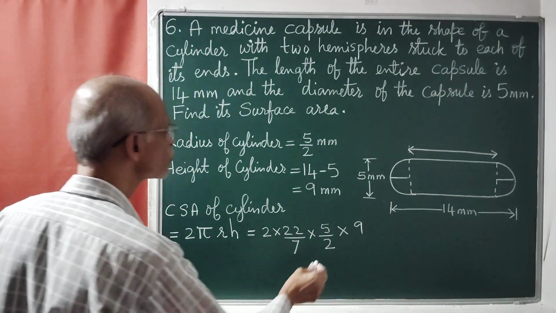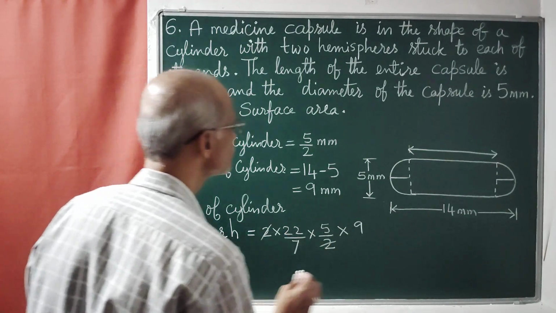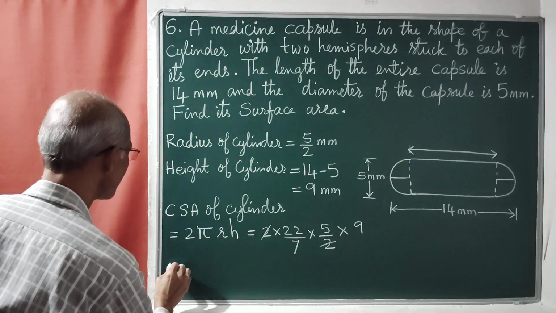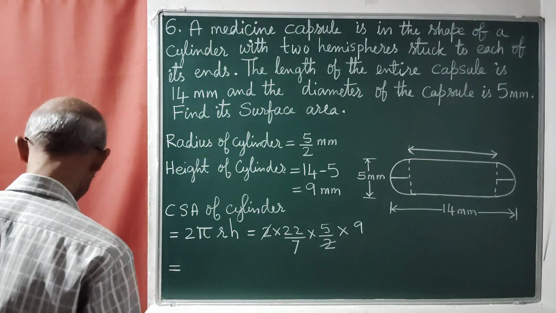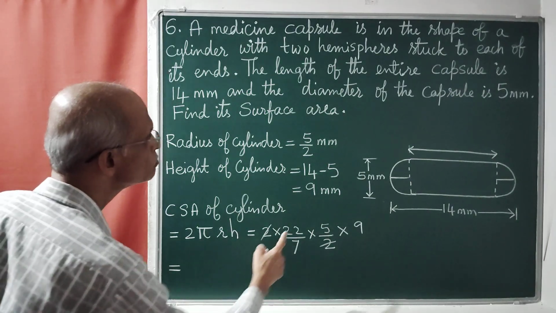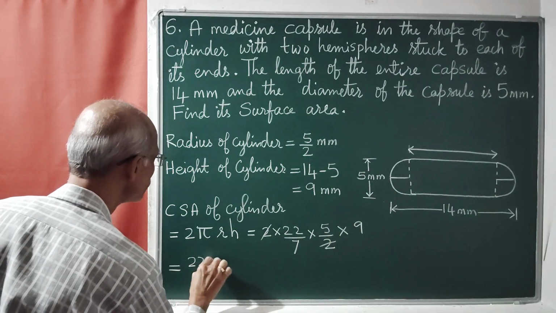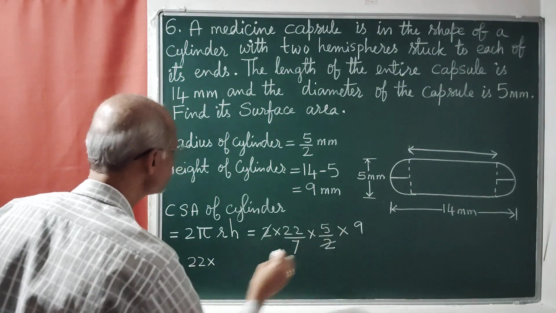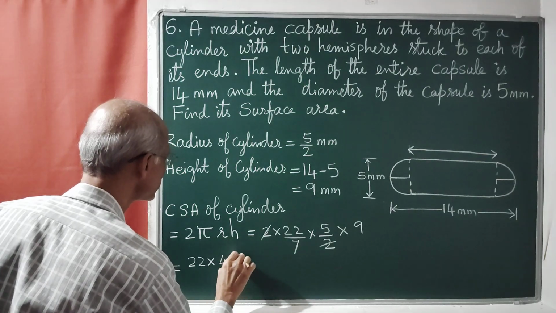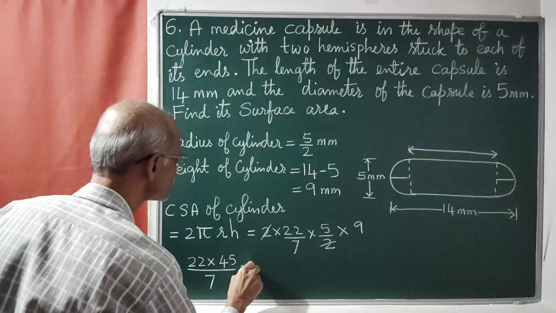So here this 2 will get cut. So what we will get? 22 into 45 by 7.